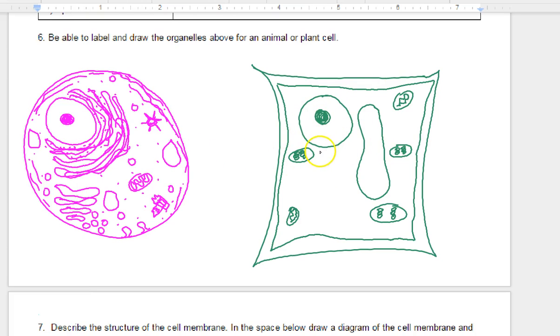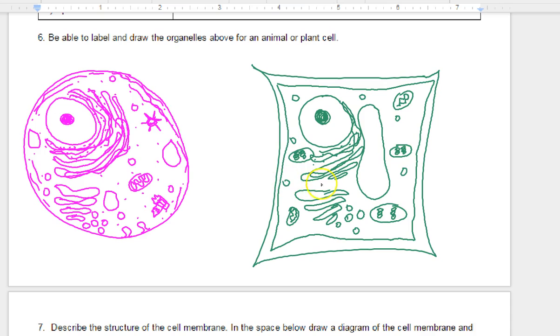We're still going to have our rough ER here with our ribosomes. We're going to have our smooth ER. Still going to have a Golgi apparatus. We're still going to have vesicles around, produced by the Golgi apparatus. We're going to have ribosomes all over.